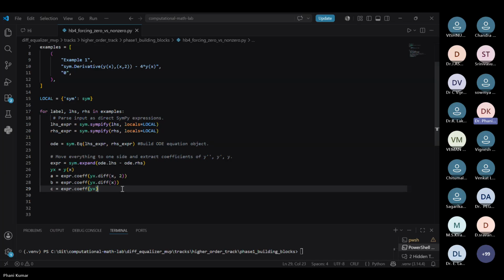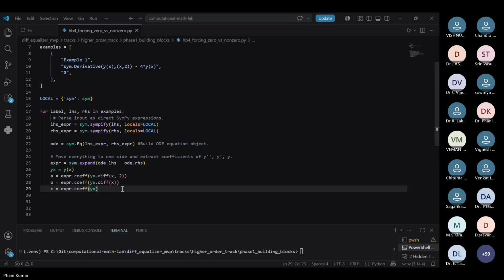So I am taking the difference of this differential equation, when it is 0 or whatever, and everything I am going to store by using this method sim dot expand. All these methods are there in SymPy. I am going to store this in expression. This is a variable you can choose; I am going to take expression, right?